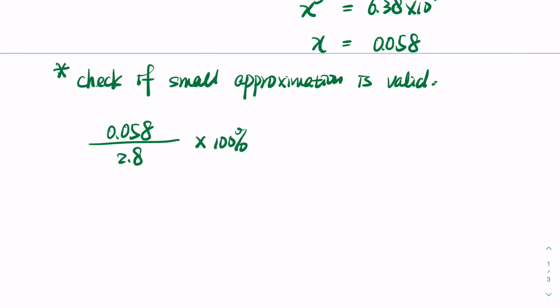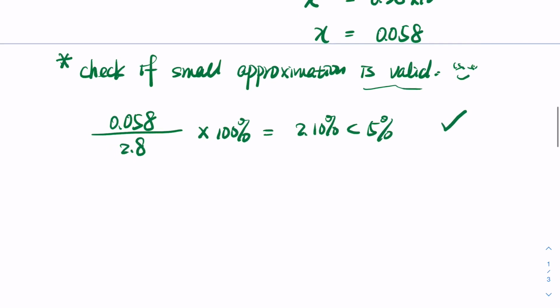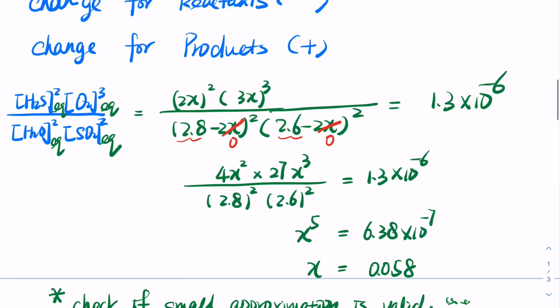After you double check, this is 2.1%, smaller than 5%. That means we're good to go. The small approximation is valid, so we can use this value: x is 0.058.